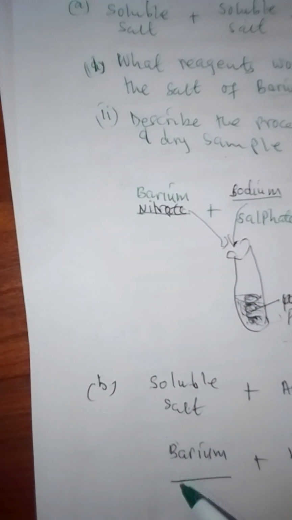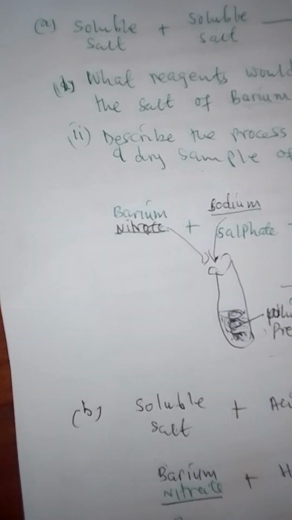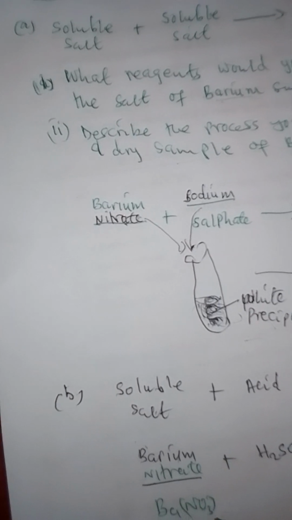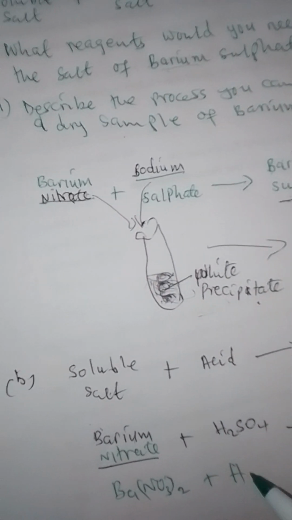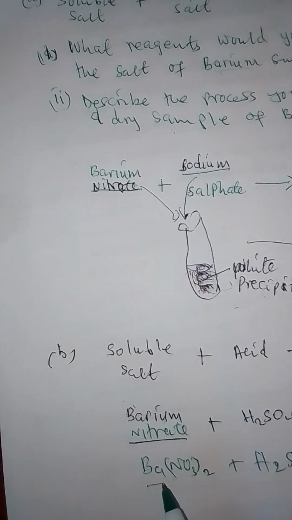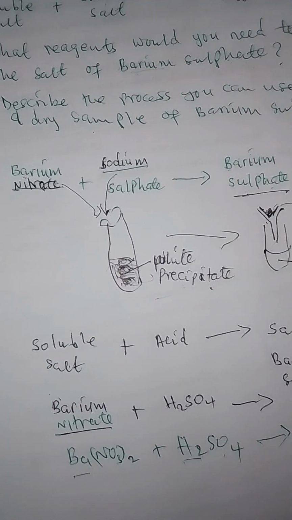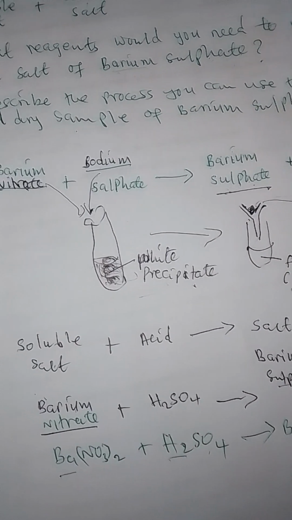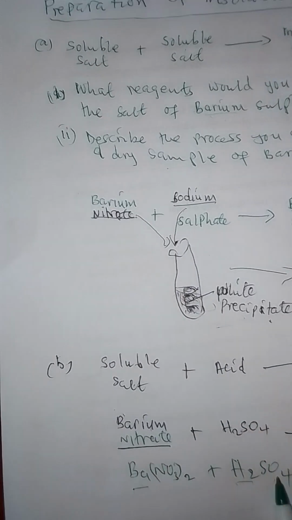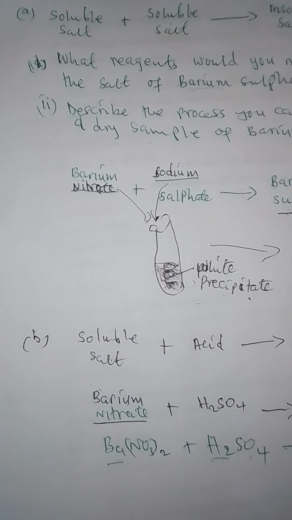Of course, you can still continue with the same barium nitrate, written as barium nitrate plus sulfuric acid will give us barium, and it will replace this one and combine with this one. It will give you barium sulfate, which is an insoluble salt. Barium sulfate, then this one and this one will form nitric acid.